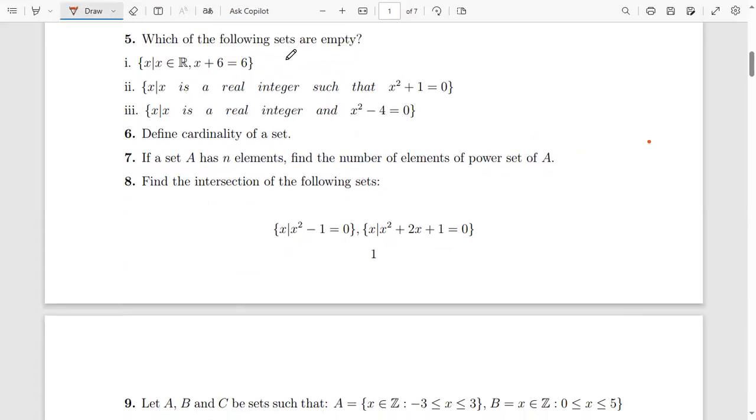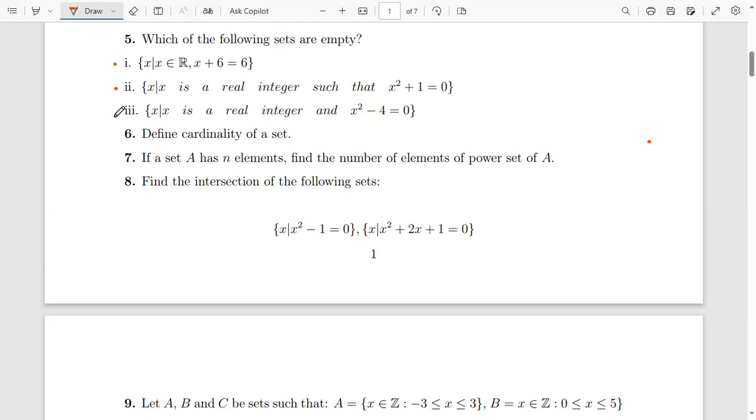These sets here that you can see have been represented in what we call the set builder notation. That set builder notation is more like a formula that gives you the elements of that set.